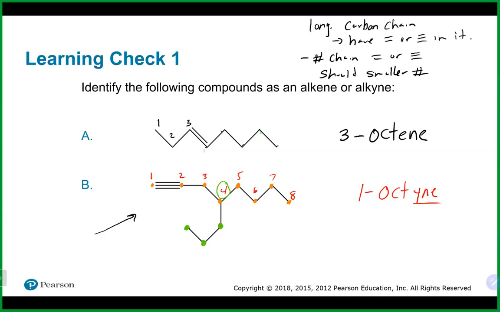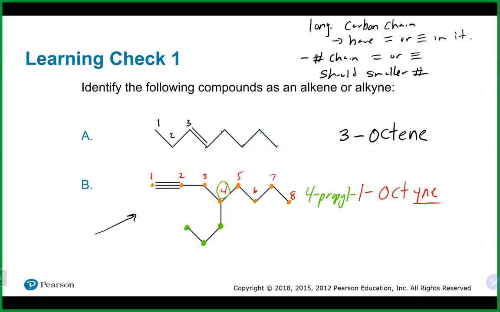All right. So again, on the bottom there, we have 1, 2, 3, which is a propyl group, and that is again at carbon number 4. So that is 4-propyl-1-octyne.